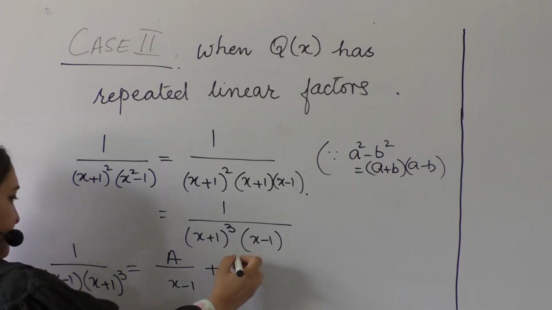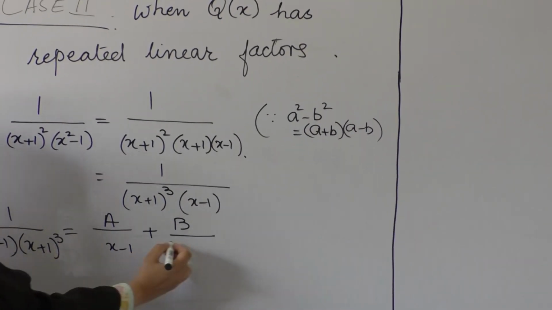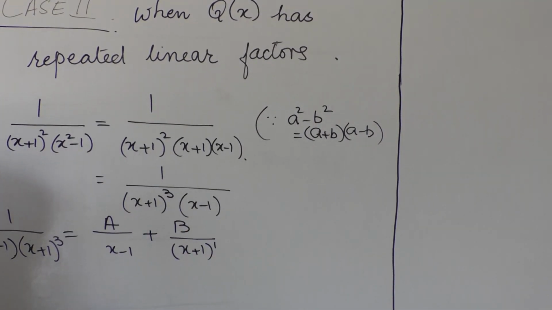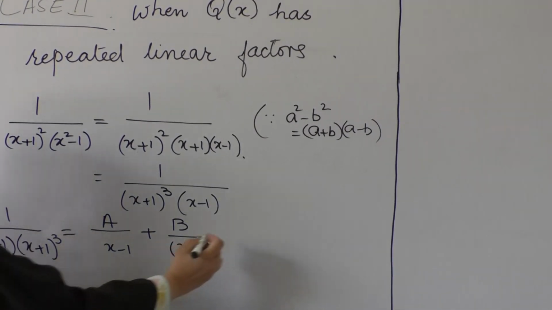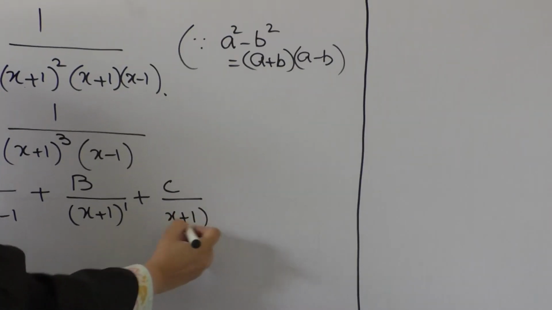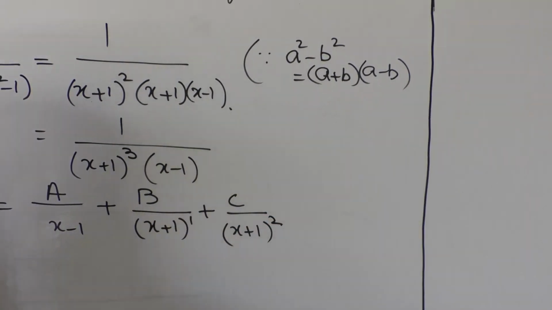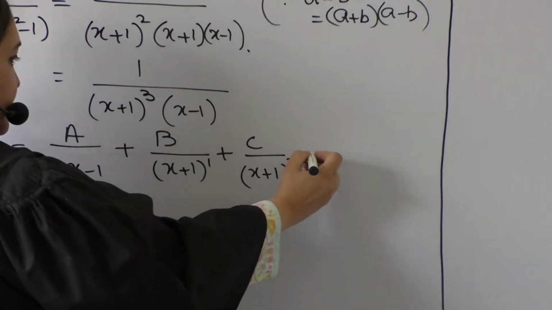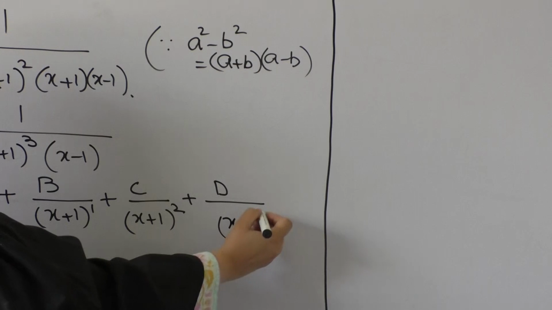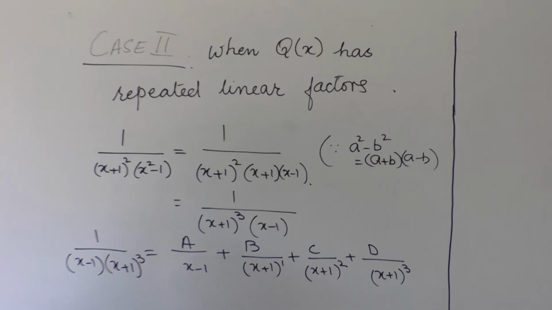As we have power 3, begin with b divided by x plus 1 with power 1 on bracket. Then c divided by, again, same linear one, now there will be written 2, and for the third one, d divided by x plus 1 raised to the power 3. This one is the method.